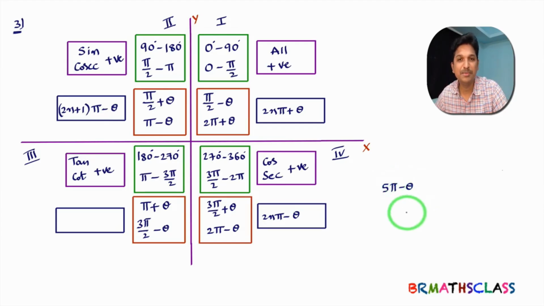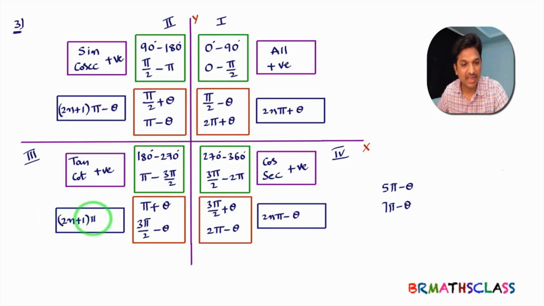Odd number into pi minus theta lies in which quadrant? It lies in second quadrant. 7 pi minus theta. It lies in which quadrant? It lies in second quadrant. Like that, odd number into pi minus theta lies in second quadrant. Odd number into pi plus theta, 2n plus 1 into pi plus theta. It lies in which quadrant? It lies in third quadrant.